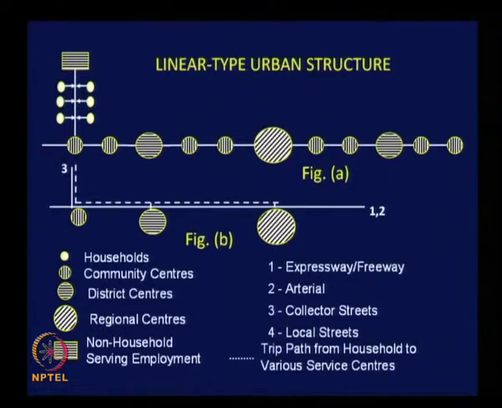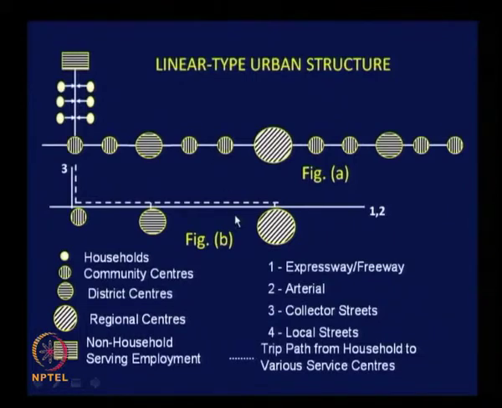There will be some narrow lanes and by lanes connecting the adjoining households, which will lead the traffic to the collector streets. There may not be an exclusive system of category 4 roads in such cases. Clear?